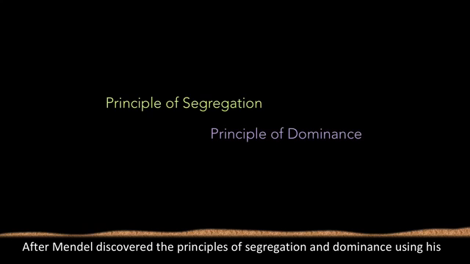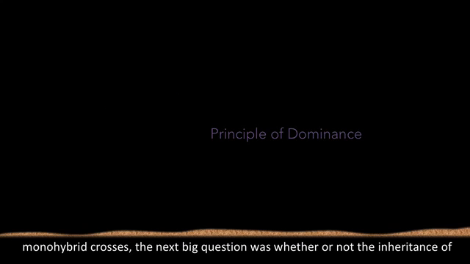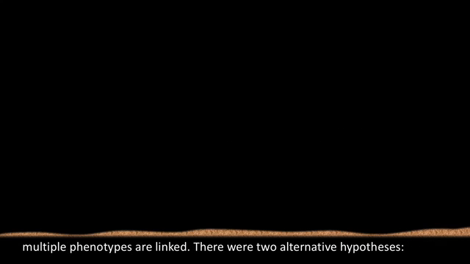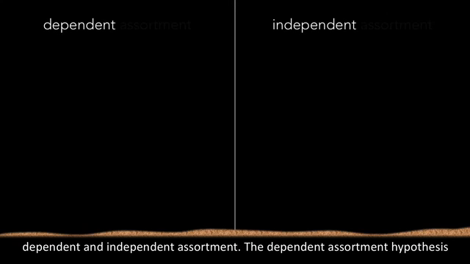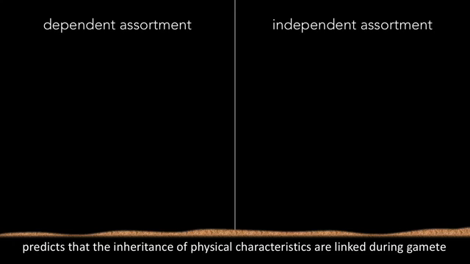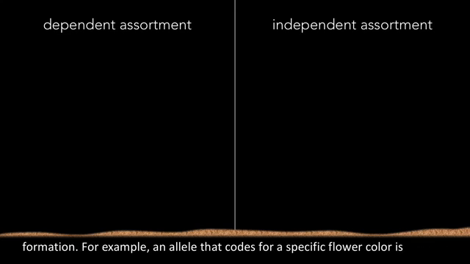After Mendel discovered the principles of segregation and dominance using his monohybrid crosses, the next big question was whether or not the inheritance of multiple phenotypes are linked. There are two alternative hypotheses, dependent and independent assortment. The dependent assortment hypothesis predicts that the inheritance of physical characteristics are linked during gamete formation.